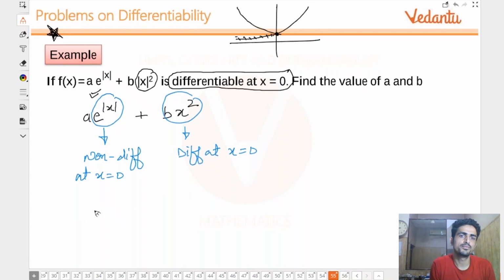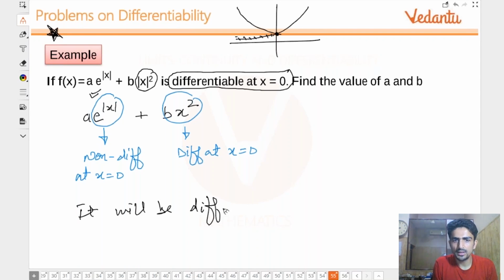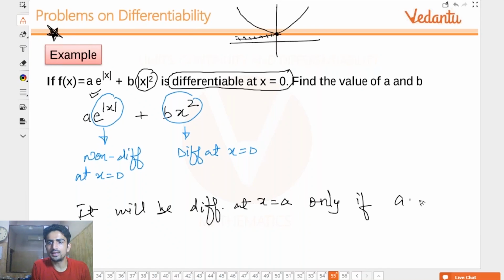So it will be differentiable at 0, very good, Vignesh, only if a is 0. This term has to be removed, and by removing the term, we mean its coefficient must be 0. b can be anything. b is not making any difference. You take b to be anything. So this is the answer.